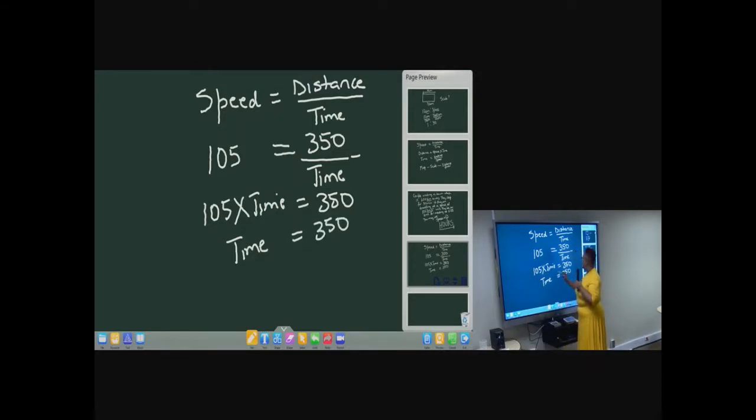Because that 105 was multiplying, it will divide on that side. So you will have 350 divided by 105, and you will have 3,33 hours. Remember, the answer is in hours.